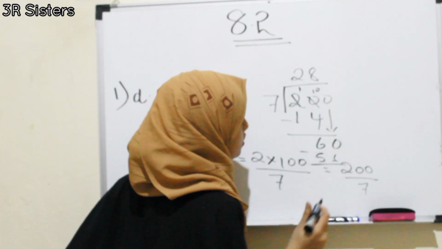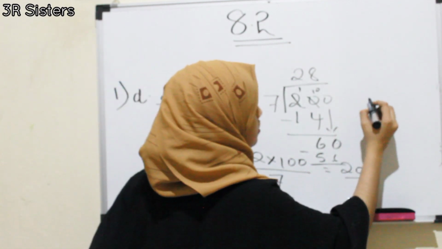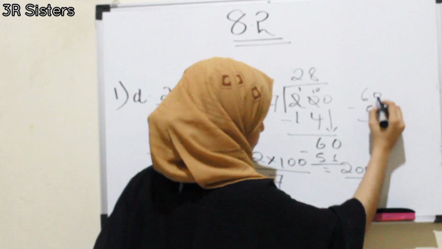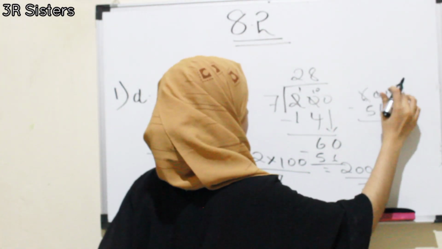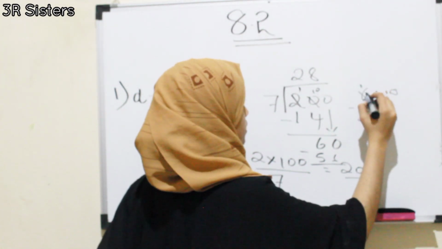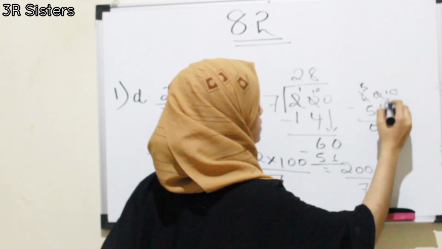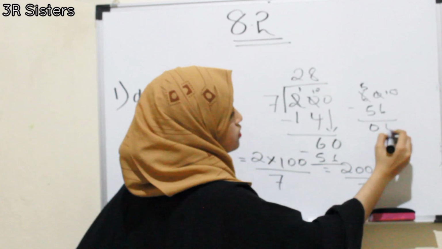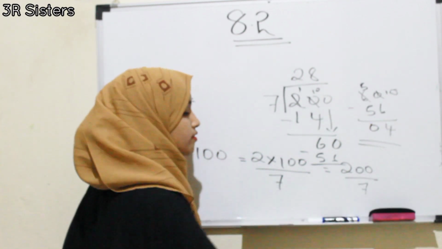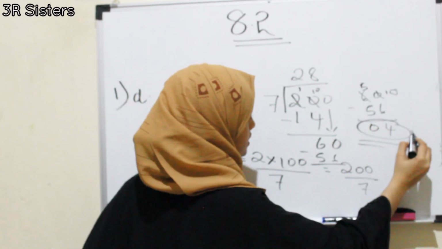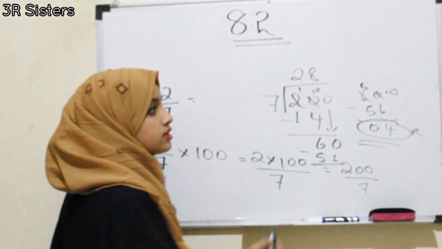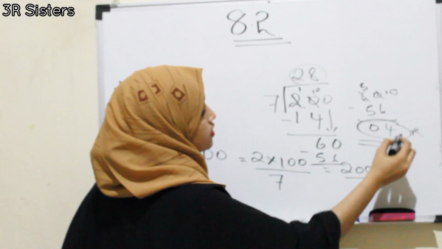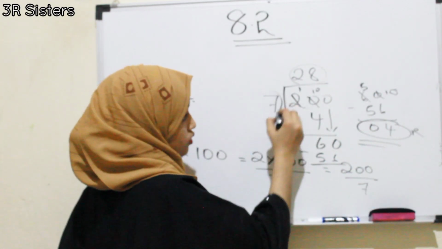Now 60 minus 56. 10 minus 6 is equal to again 4. We got the remainder. This is the quotient and this is the remainder.